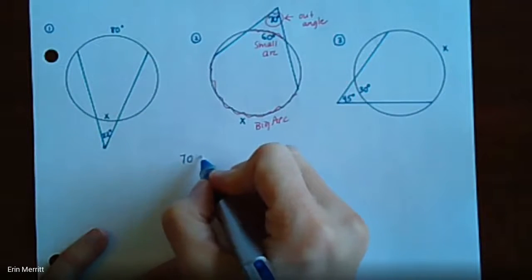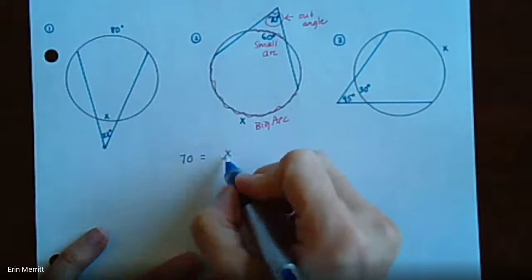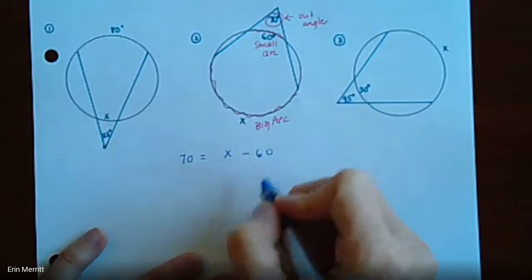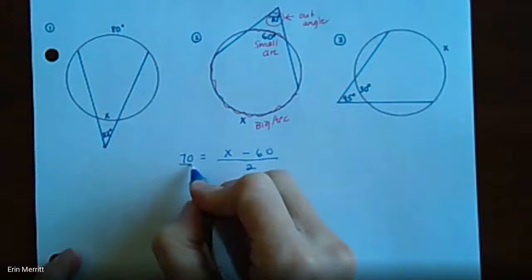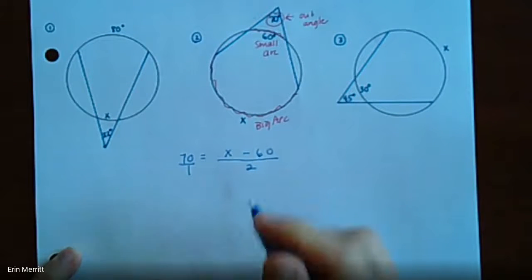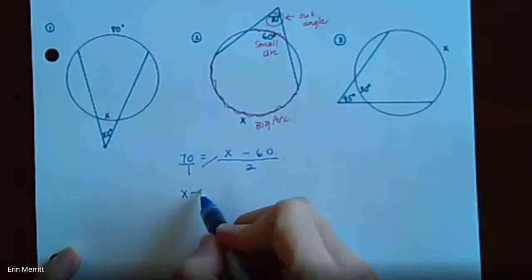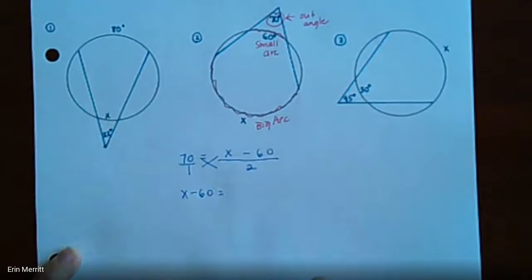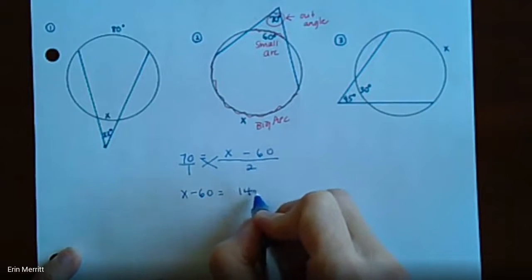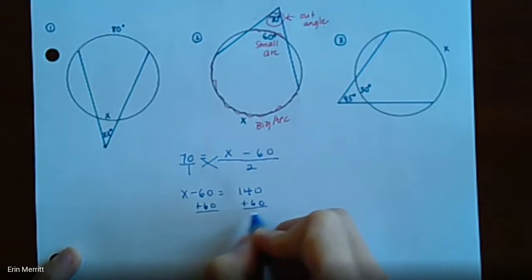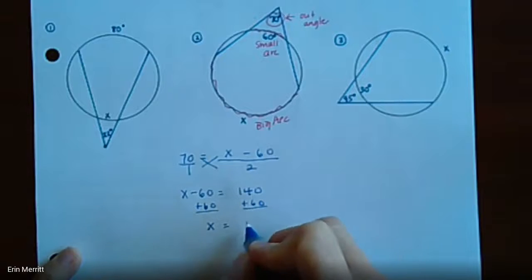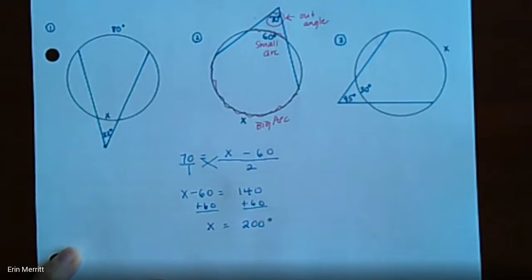The out angle, 70, equals the big arc, x, minus the small arc, 60, divided by 2. Put the left side over 1. Let's cross multiply. x minus 60. 70 times 2 would be 140. And then add 60 on over. That comes out to give us a nice even 200 degrees.